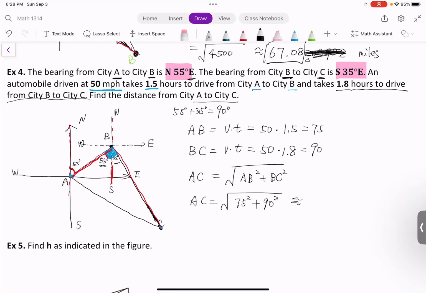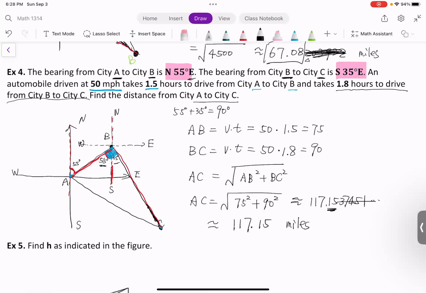That is 117.1537451 something. If I want to round to the nearest hundredth, I keep two decimal places, so I'm having 117.15, ignoring the other numbers. This is miles.